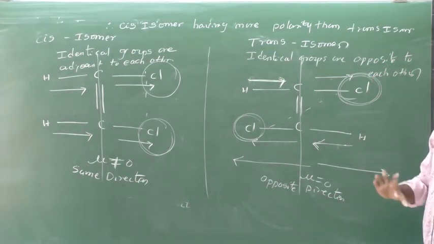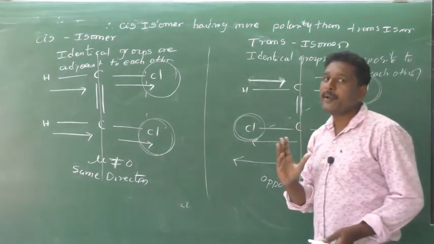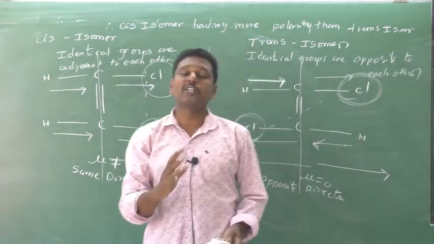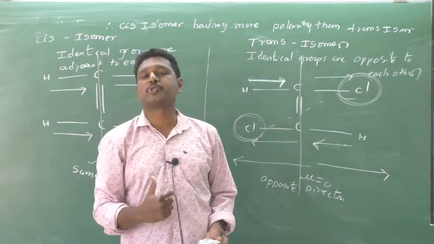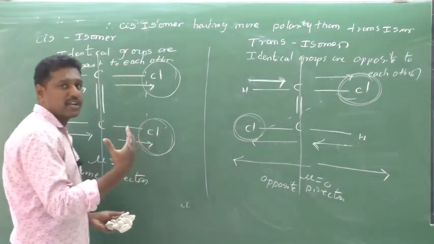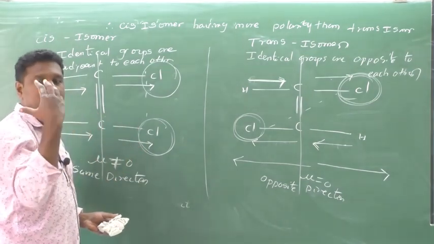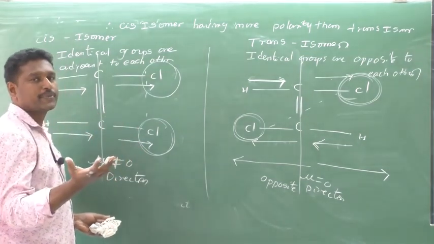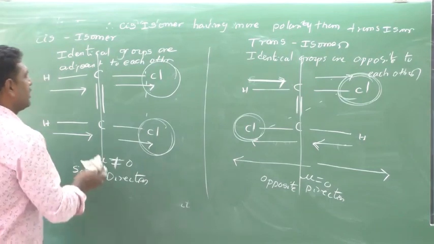After that, we'll compare the dipole moments of ortho, meta and para isomers, and see which one has more polarity. So I will explain here.